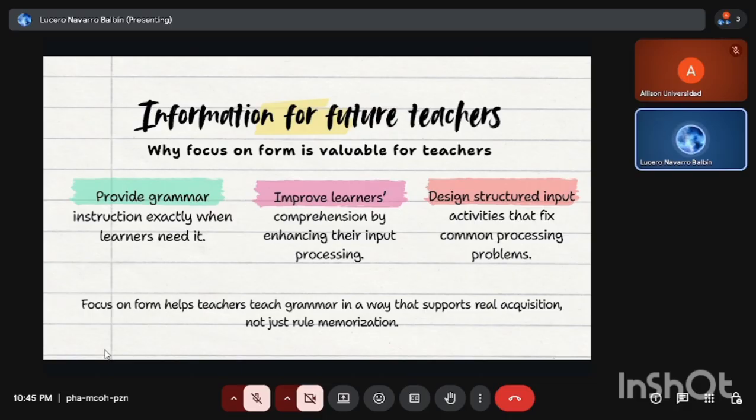When the form becomes necessary for understanding, learners make stronger form meaning connections. This means we can help students develop not only explicit knowledge but also implicit knowledge, the type of knowledge they need to speak, listen, and read fluently in real life. For teachers, this translates into more dynamic lessons, more authentic interaction, and more effective learning episodes.